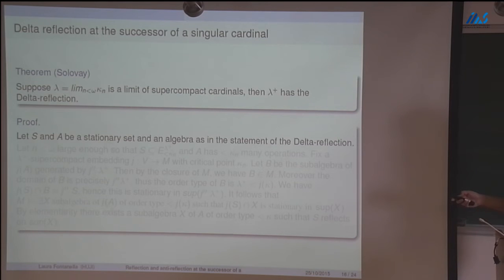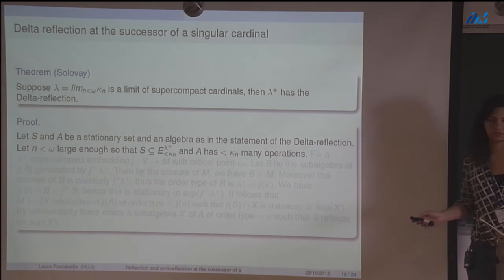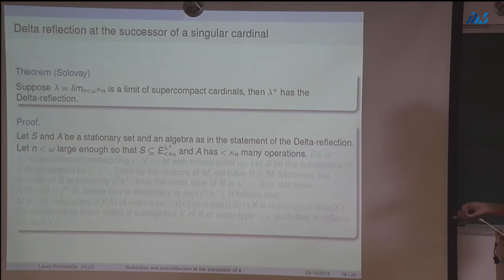But lambda is a limit of kappa n, so we can fix a natural number n large enough such that we can assume that all the ordinals in the stationary set have cofinality less than kappa n, and also the operations are less than kappa many. You have just less than kappa many operations.